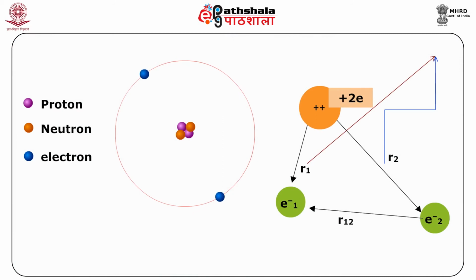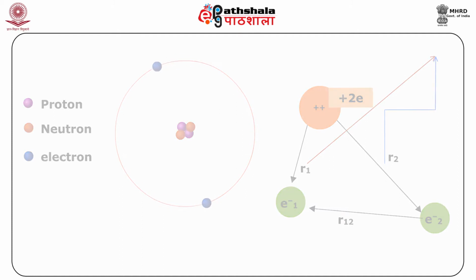As you all know, and as you can see from here, the helium atom is a three particle system, two electrons and one nucleus, for which the Schrodinger equation cannot be solved exactly.